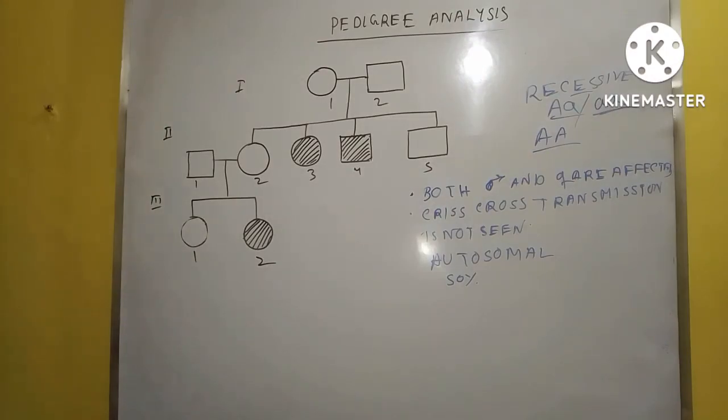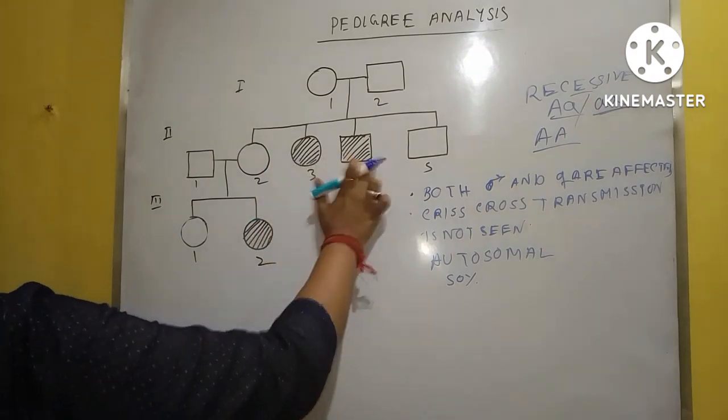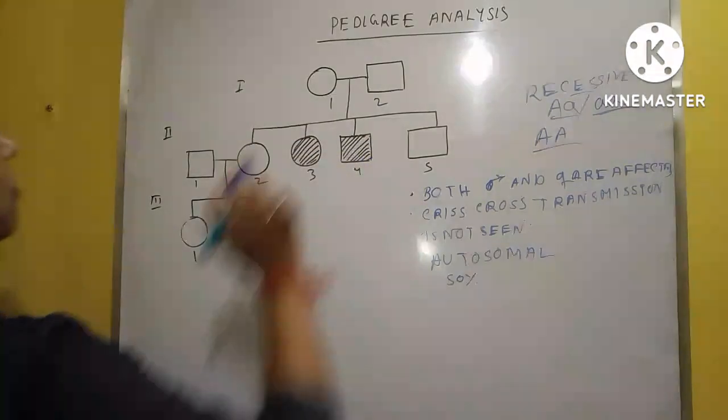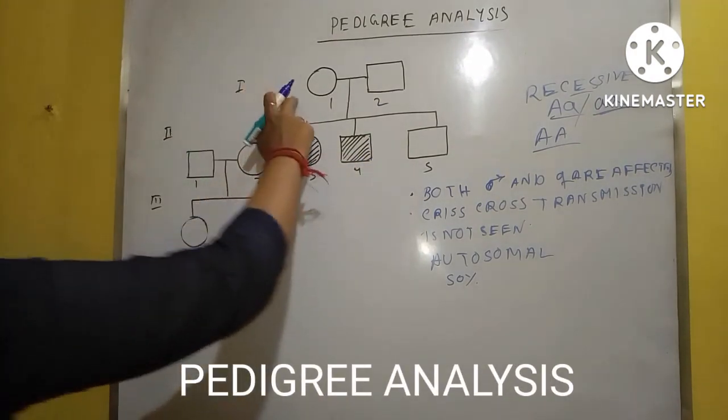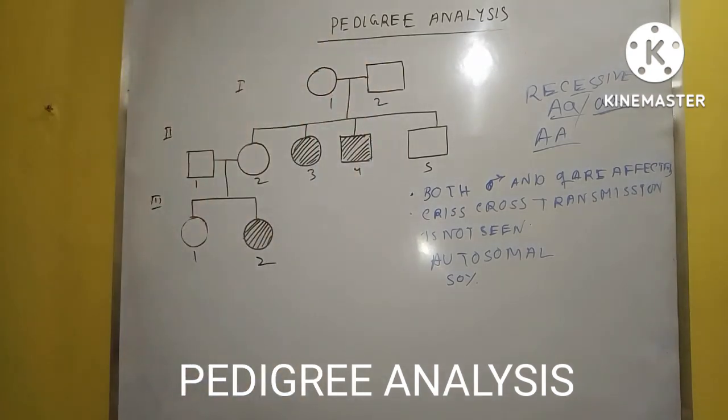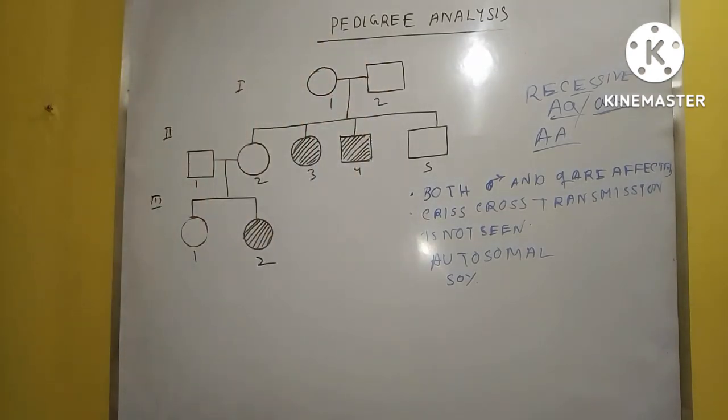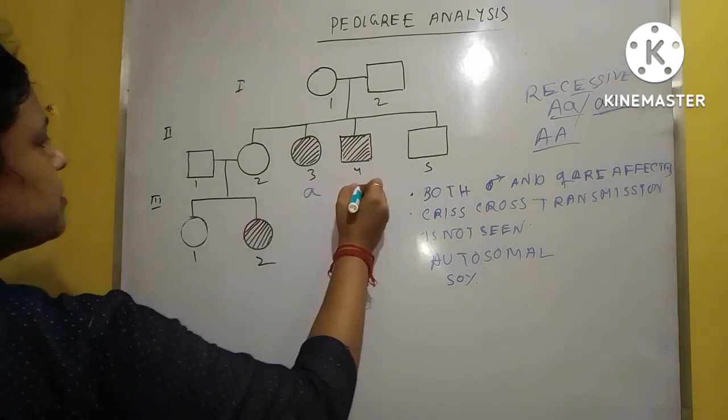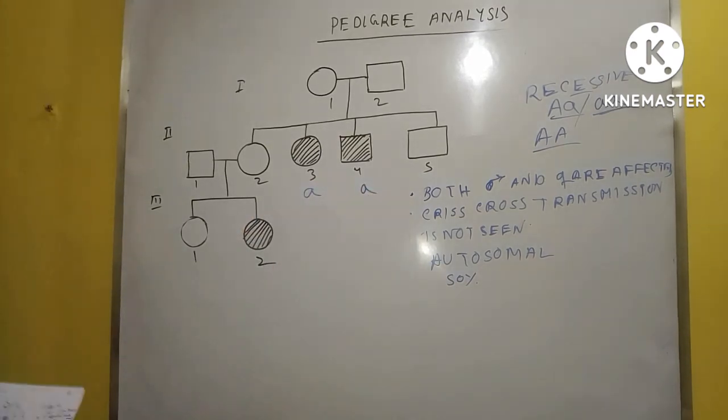You can see the first two, the female and male, both are affected, but here both are unaffected. If both are unaffected, one small gene must be present there.